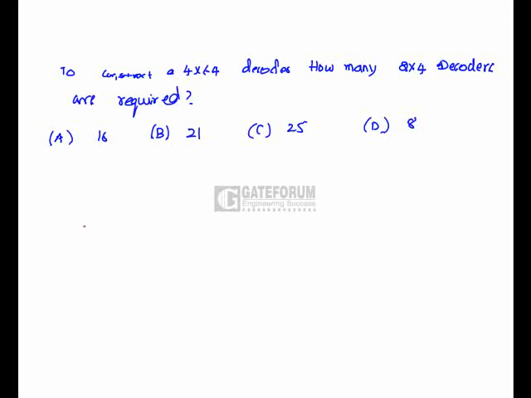To construct a 4x64 decoder, how many 2x4 decoders are required?